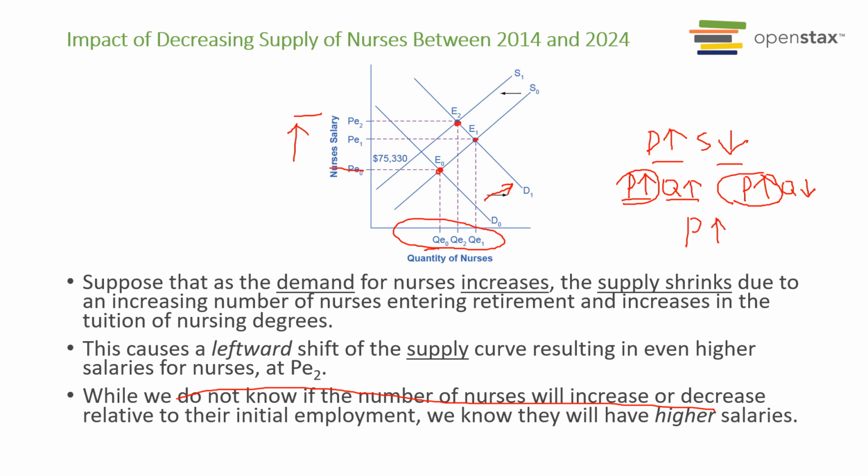They don't necessarily cancel each other out entirely, right? So what if our demand changes more, or what if our supply changes more? Without knowing which one changes more between supply and demand, the answer here is that price will go up and the quantity change is uncertain, because we don't know which one changes more.